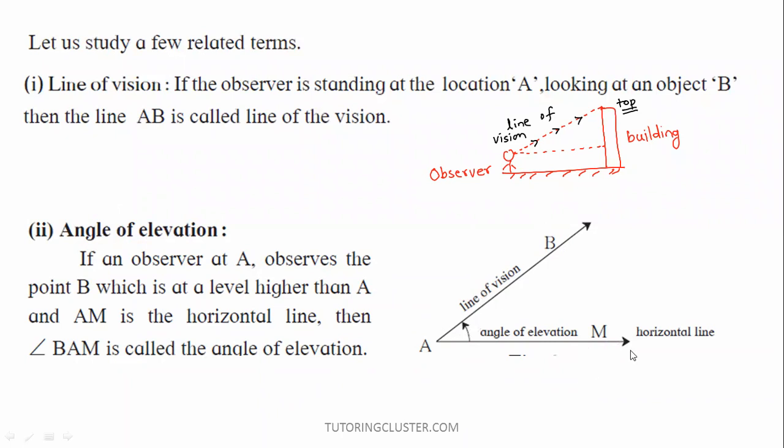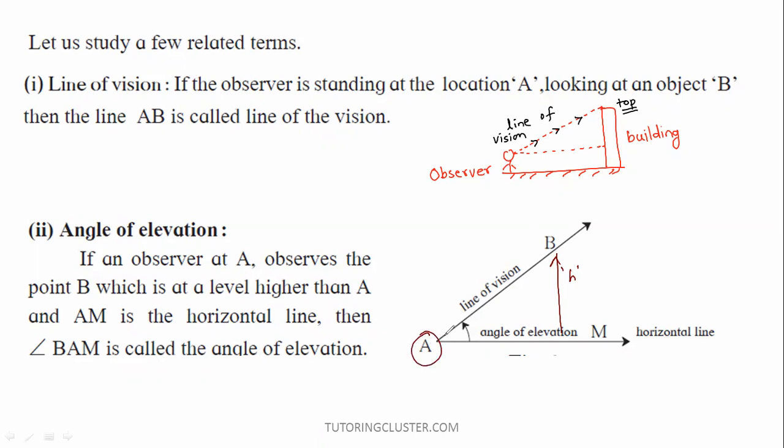So it is at a certain height from the ground. In this case, AM is your horizontal line, and angle BAM is called the angle of elevation. Point B is at a certain height from the ground.